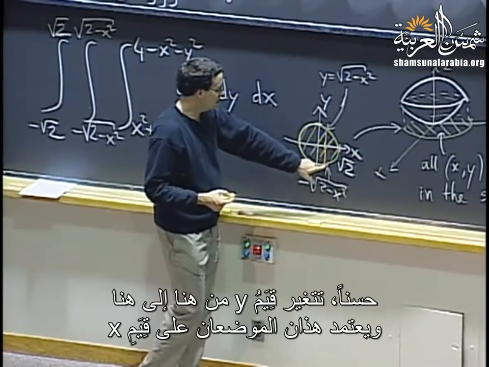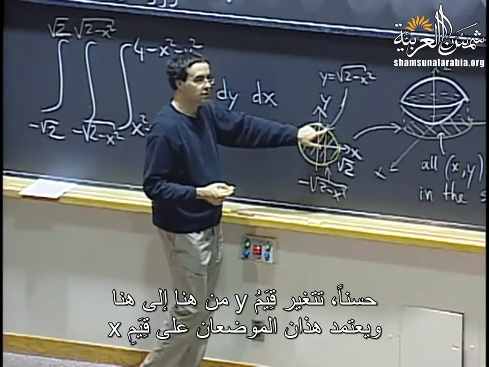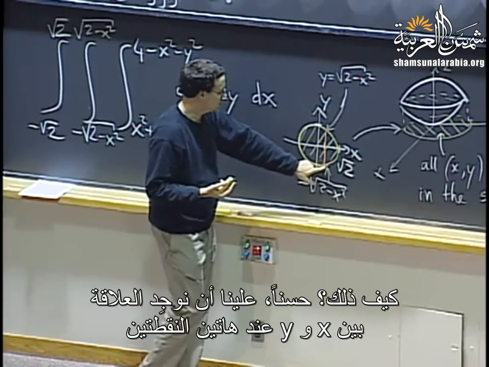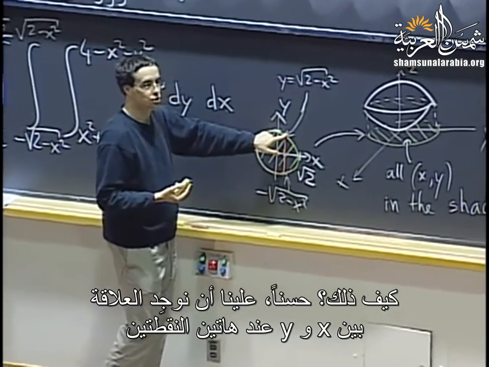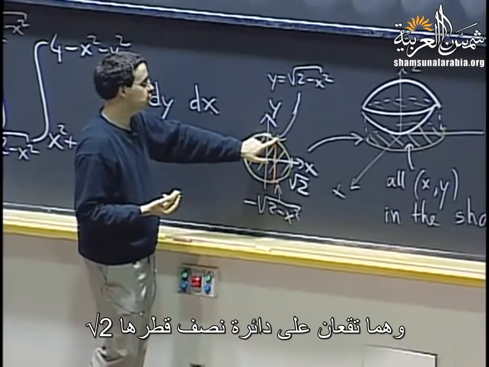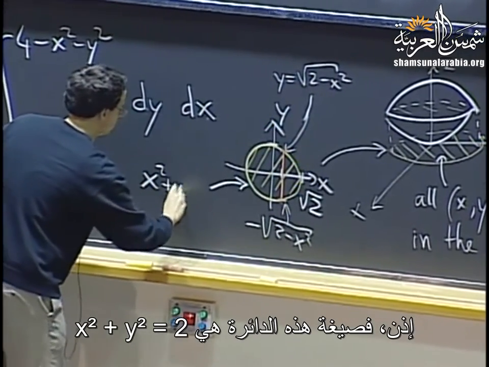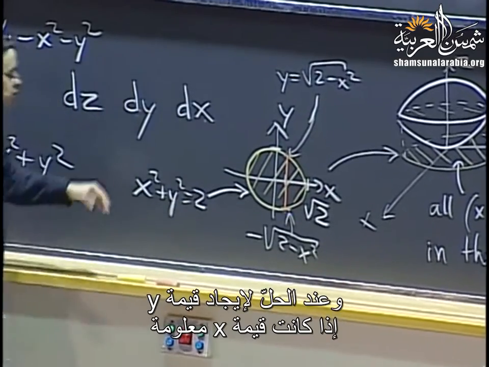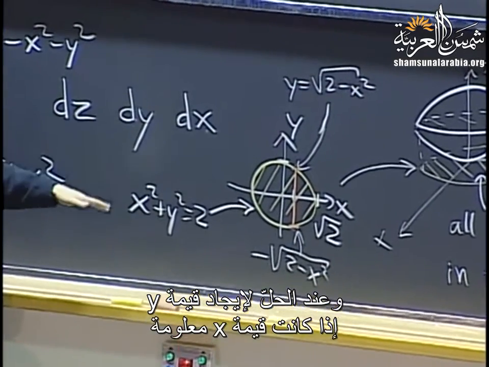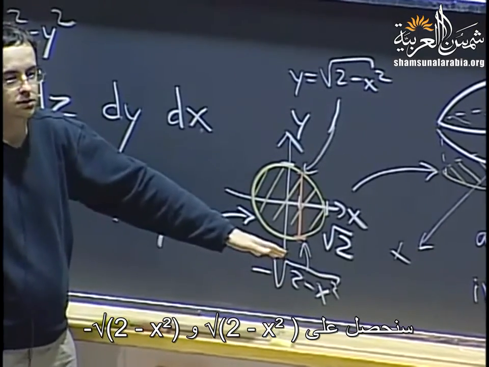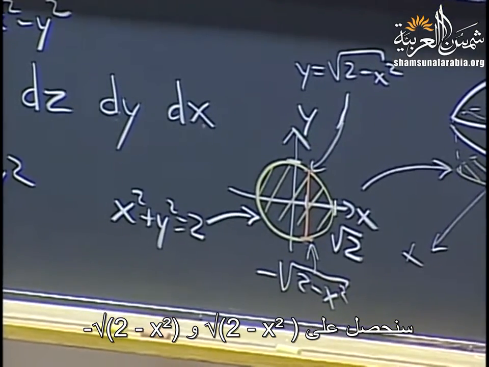So y goes from here to here, and what here and here are depends on the value of x. How? Well, we have to find the relation between x and y at these points. These points are on the circle of radius root 2. So this circle, maybe I should have written, is x squared plus y squared equals 2. And if you solve for y given x, you get plus or minus root of 2 minus x squared. Okay? Yes?